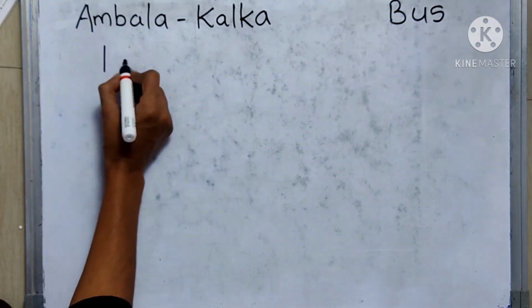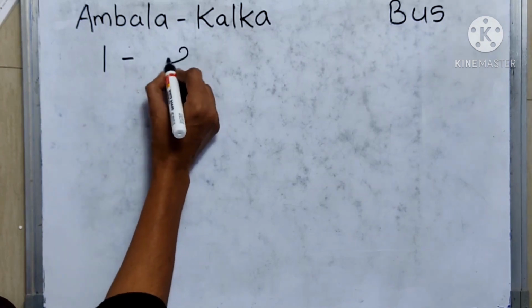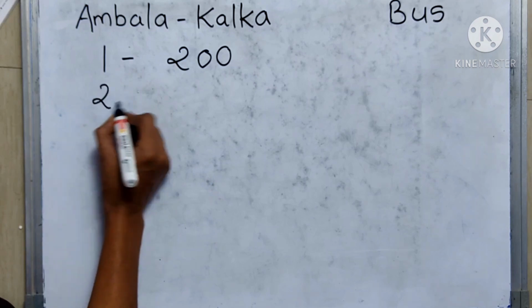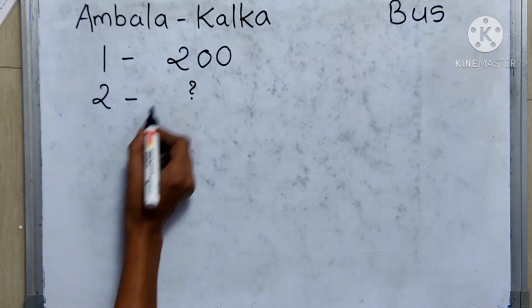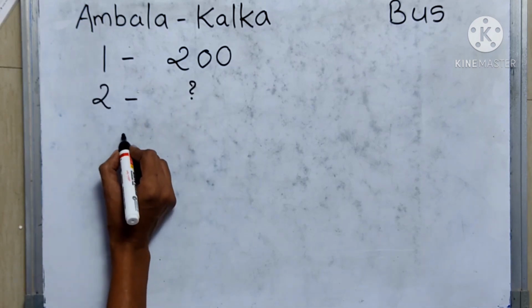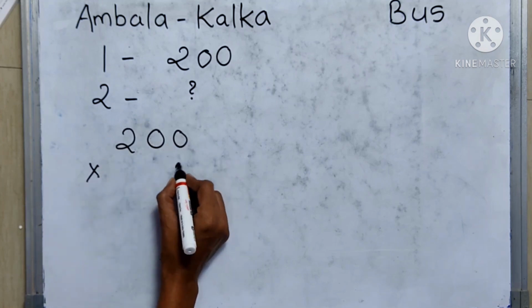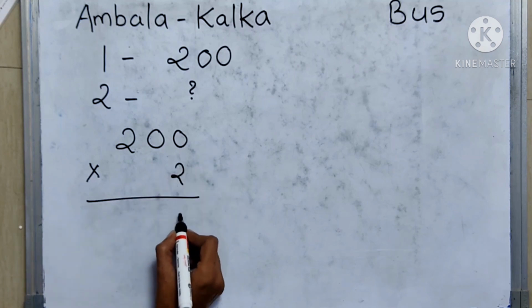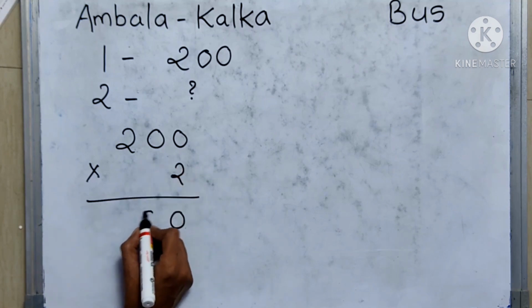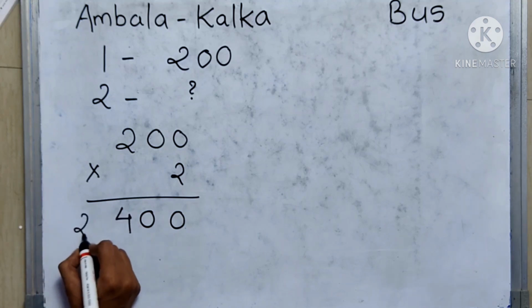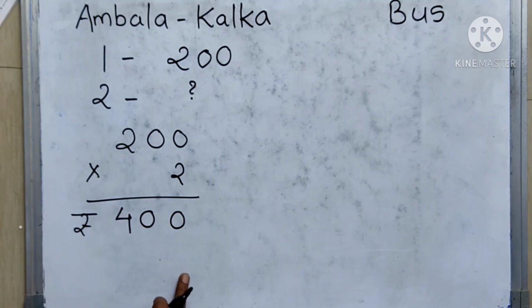For one person, the ticket is 200 rupees and we have to find out the ticket of 2 persons. We will use the multiplication method. 200 multiply by 2, 200, 2 2s are 4. So the answer is 400 rupees.